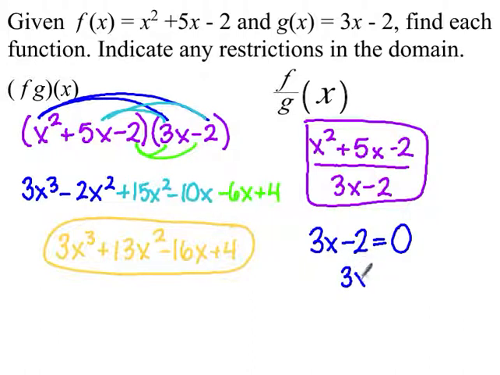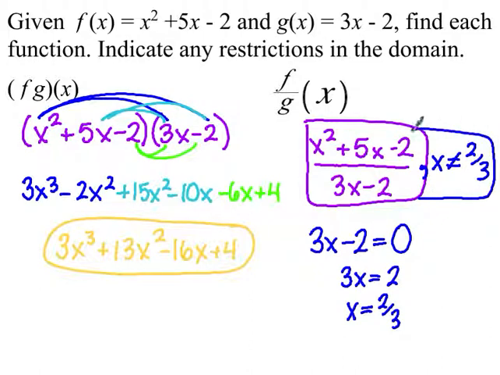So add 2, and you get 2, and then divide by 3. So now what we need to state here is that x cannot equal 2/3. And yes, you need that. Okay? x cannot equal 2/3.